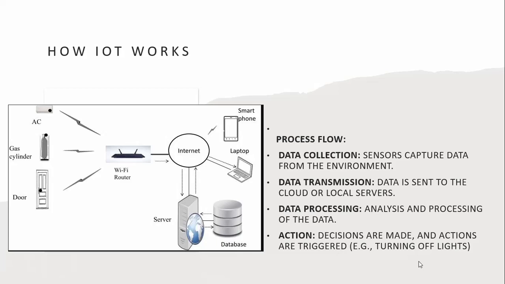Then data processing will happen. Whatever data it has got will be pre-processed, and whatever it derives from it will be sent to the user. And action will be taken by the user based on the information shown.